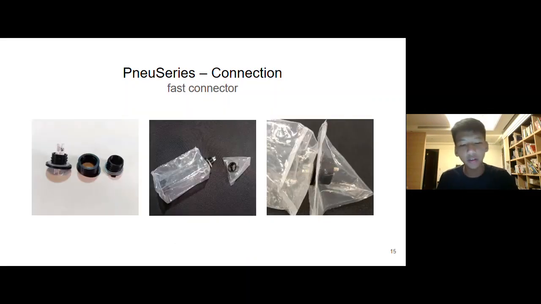To make assembly easier, we make fast connectors with the valve embedded inside. We saw this in the video at the beginning. We can easily connect or disconnect the inflatables by just screwing them together.